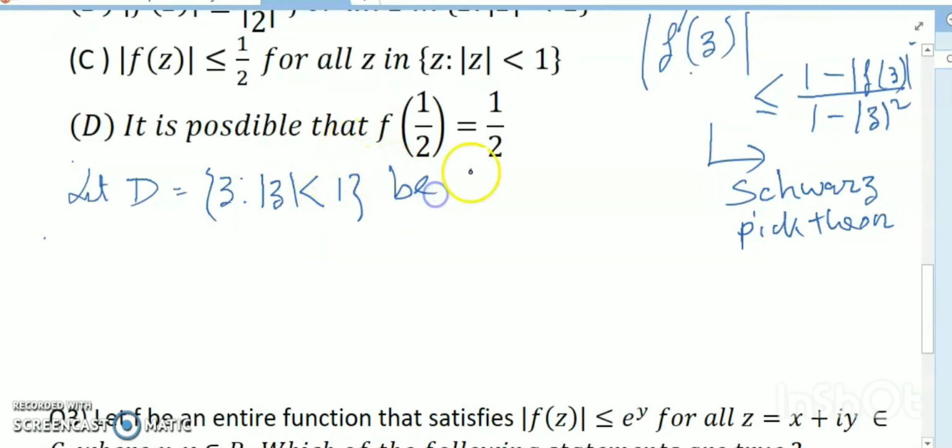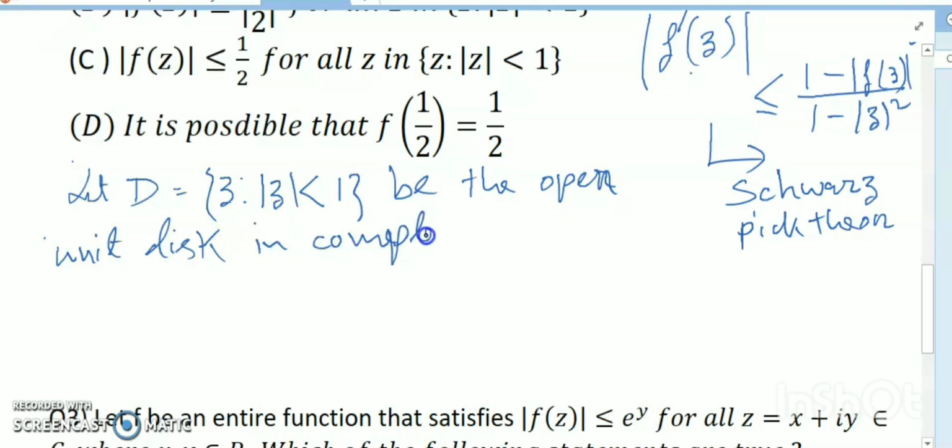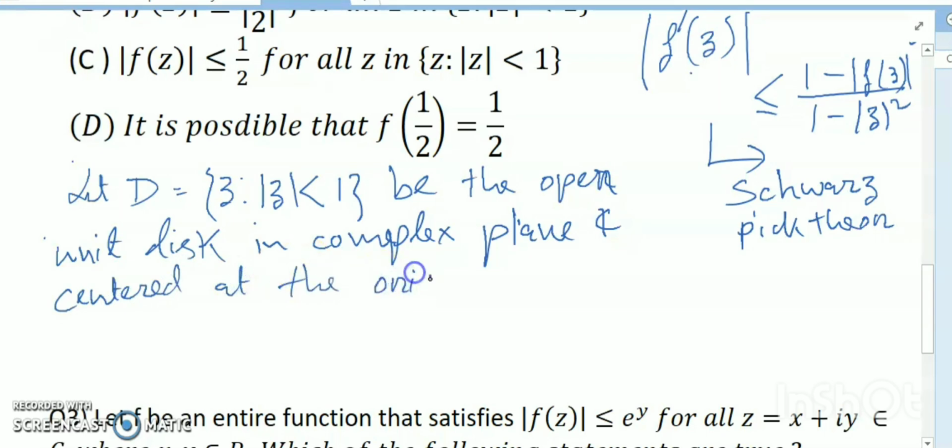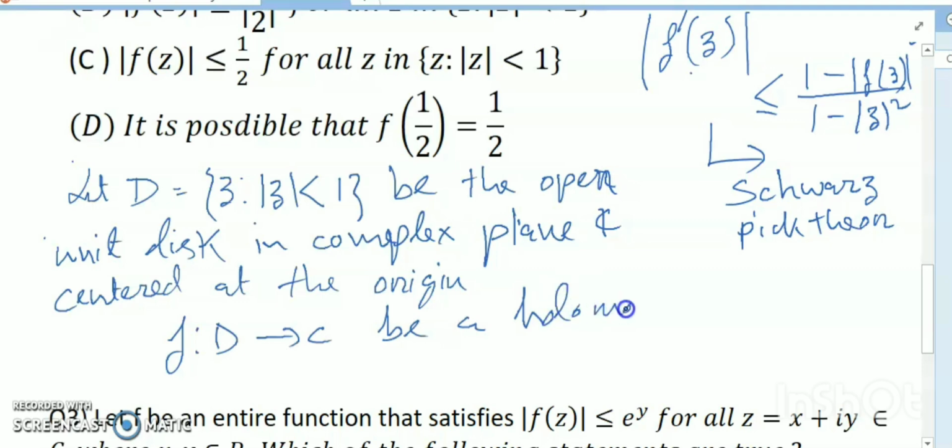Let D be the open unit disk in the complex plane C, centered at the origin, and f from D to C be a holomorphic map such that f0 is equal to 0.